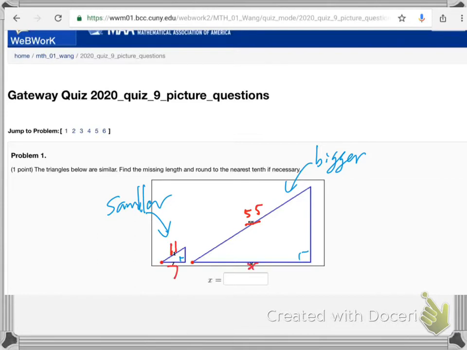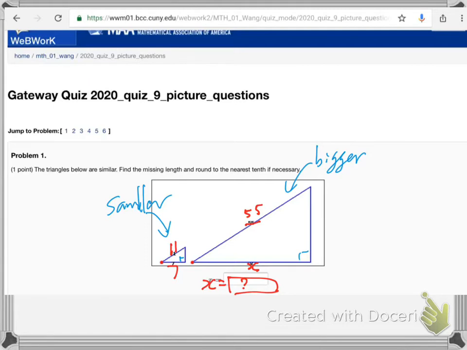And this is not 8, this is x, and we want to find the x here. The smaller triangle is 11 and 7. The bigger one is 55 and x. So we want to find x.